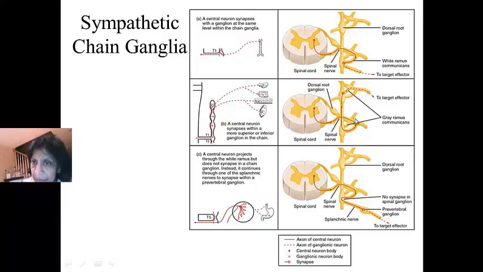Yet another one in here, where you notice that it doesn't necessarily have to go through the same spinal nerve. It could travel within the chain of ganglia and then synapse with the postganglionic neuron and supply its effector. And here what you're looking at is that the synapse is not in the sympathetic chain but elsewhere, outside of the sympathetic chain.